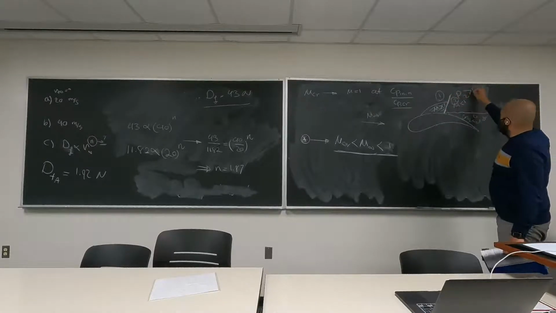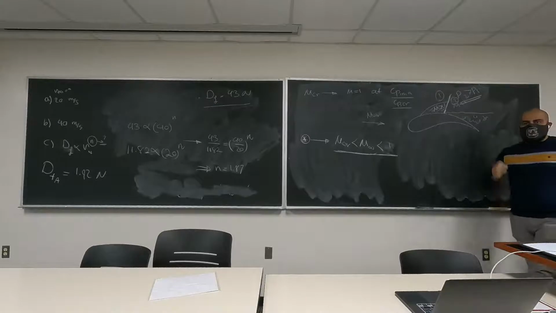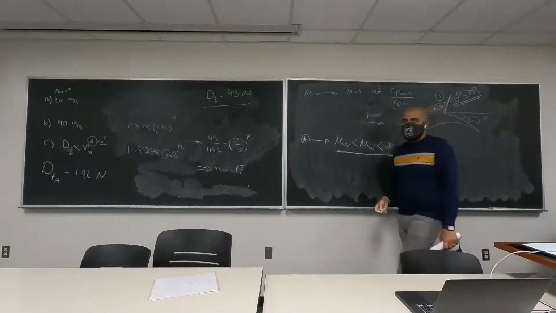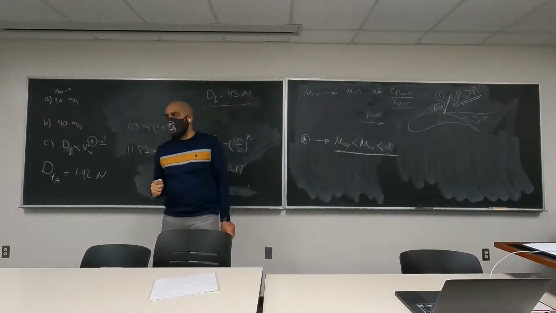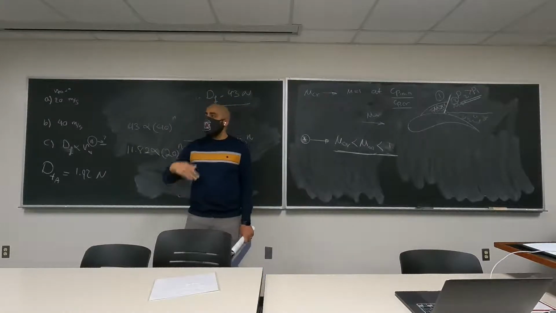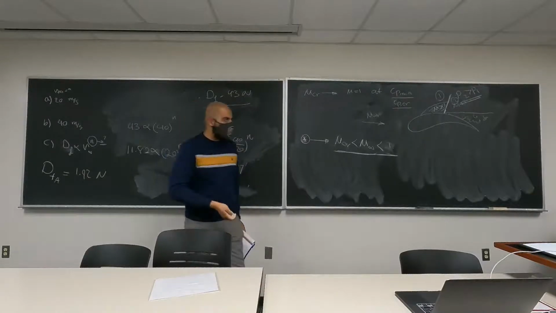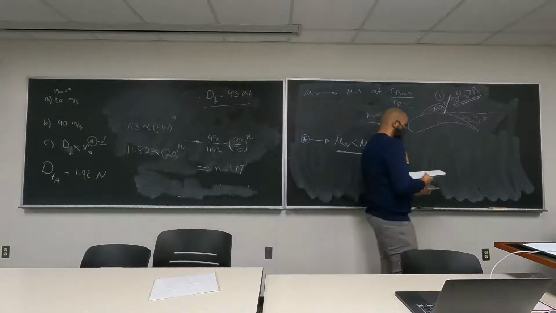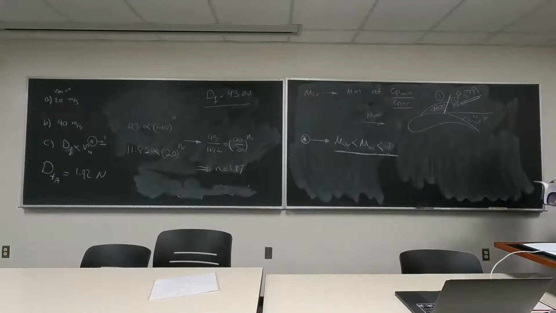Your P2 is going to be larger than P1. So there is a point after which you're going to get a huge pressure jump because of the shock wave, which means that you're going to have a very huge pressure gradient, adverse pressure gradient. Okay? So what does it mean for the drag force?